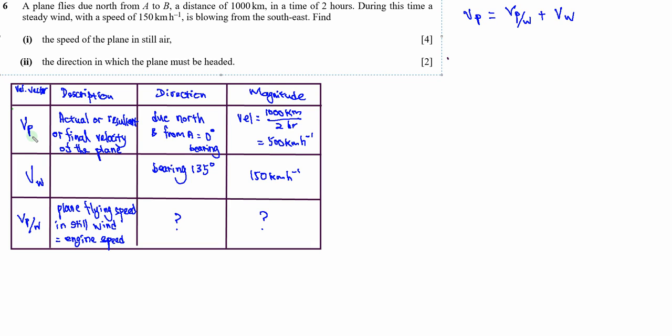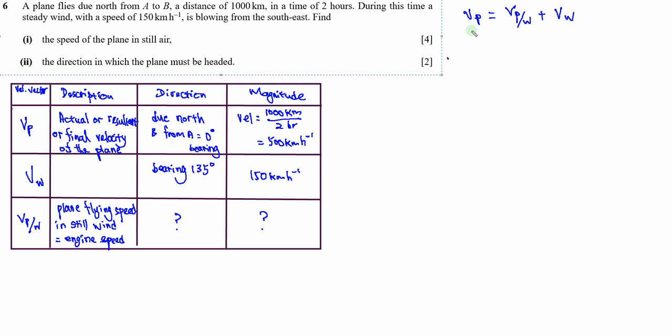That is the actual speed, whatever the destination required in the question. This is just the steering or the setting speed and angle, and the plane will have to fly out at this speed. It's not given, so let's look at this equation here.